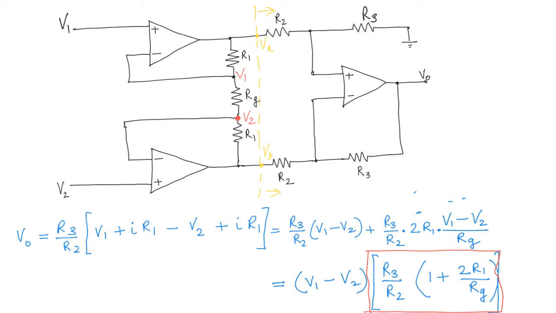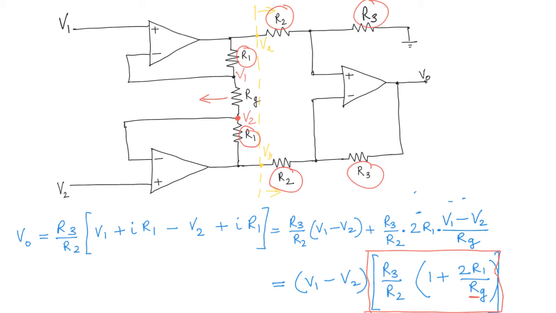Now imagine that we build this instrumentation amplifier in the manufacturing process, and what we do is we set R3, R2 so that they are exactly the values that we want, and we also set R1 so that it's exactly the value that we want. And the only resistance that we can change is RG. Now by changing RG, we can change this gain, right?